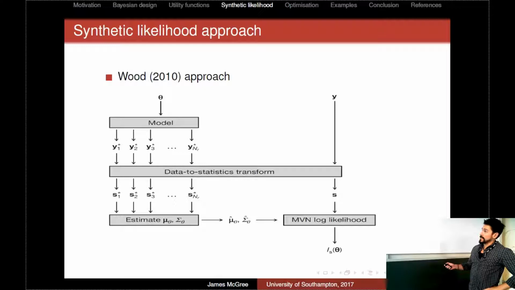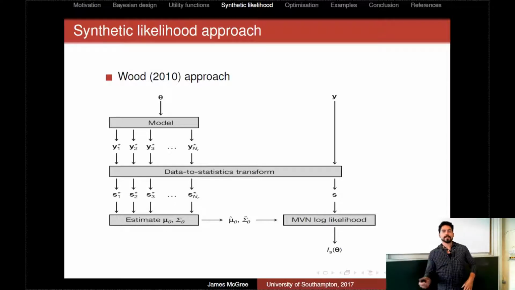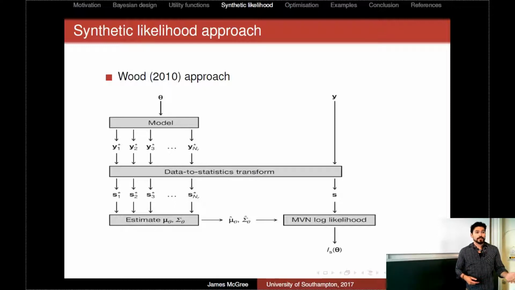So given theta, we generate data set 1, data set 2, data set 3, etc. Obviously, despite not being able to evaluate the likelihood, it must be quite easy to simulate data from the likelihood. With our stochastic process models, we can use the Gillespie algorithm to do that quite easily, which is kind of nice.